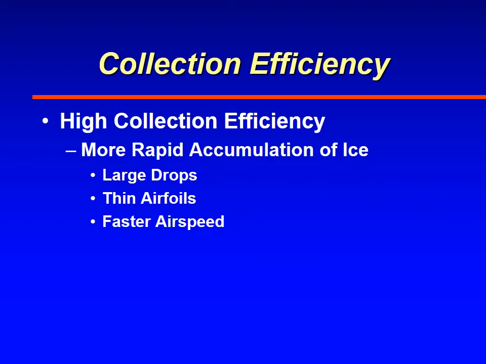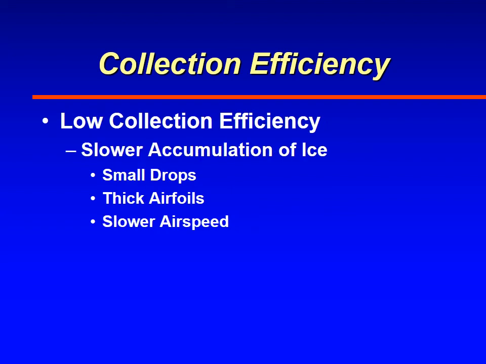So you have a higher collection efficiency. But generally speaking, high collection efficiencies happen with large drops, thin airfoils, and faster airspeed. And low collection efficiencies happen with small drops, thick airfoils, and slow airspeeds.